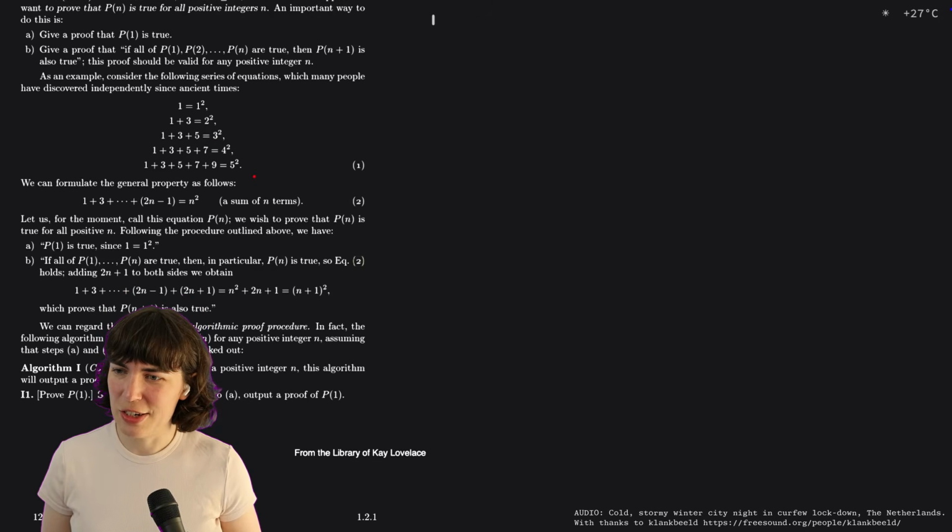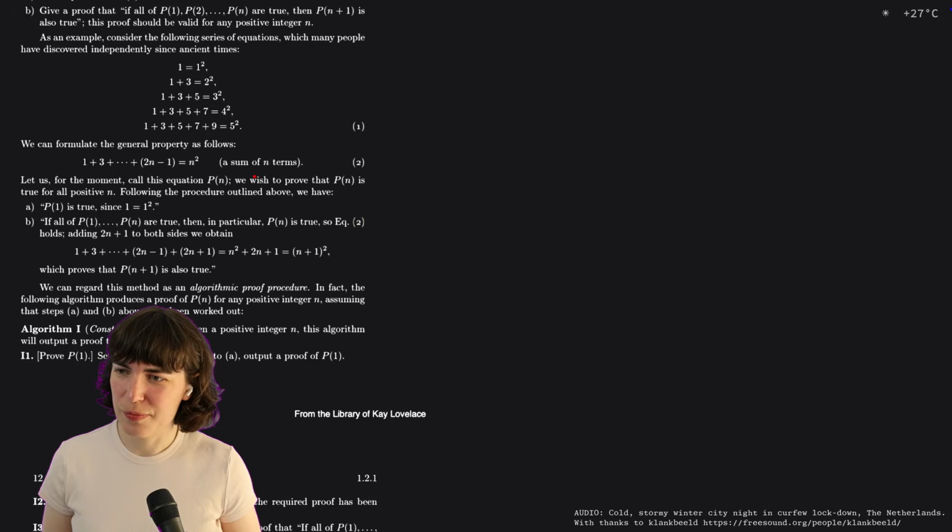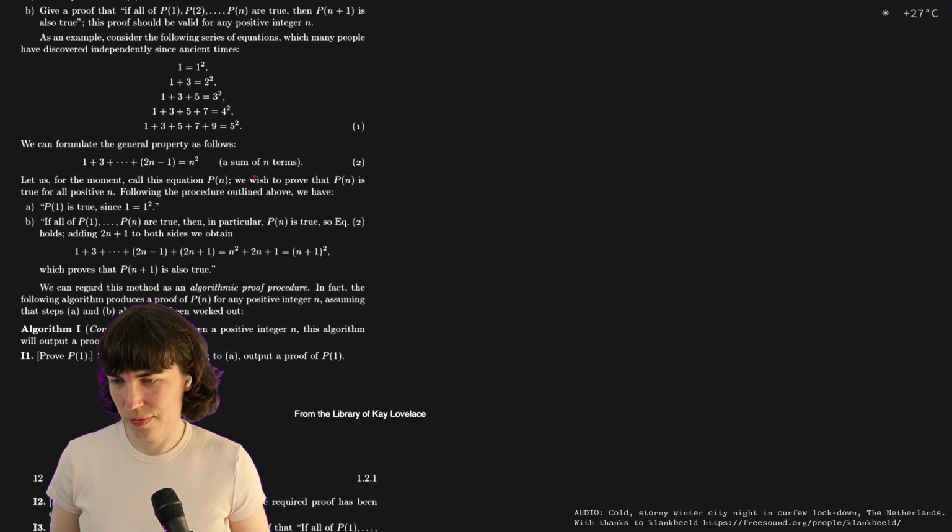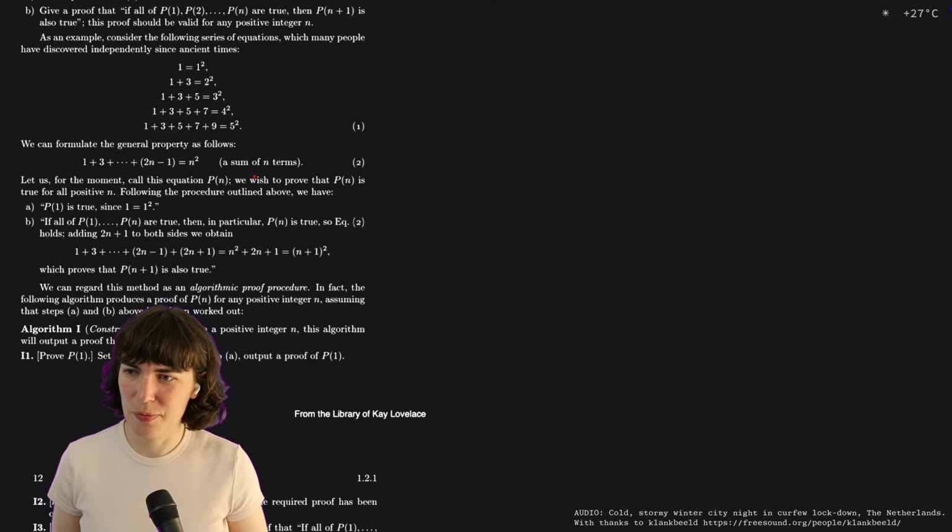We can formulate the general property as follows. 1 plus 3 plus ... plus 2n minus 1 equals n squared. Sum of n terms. Okay.